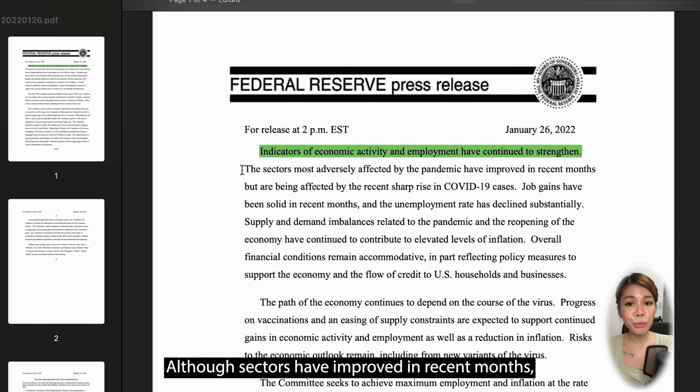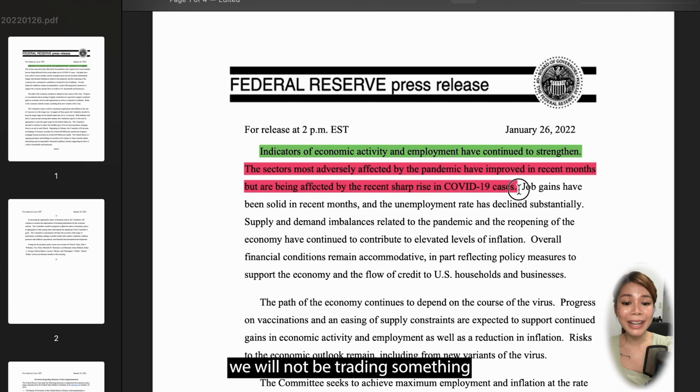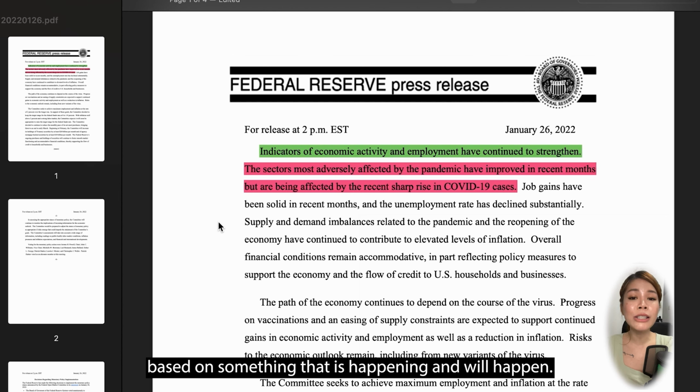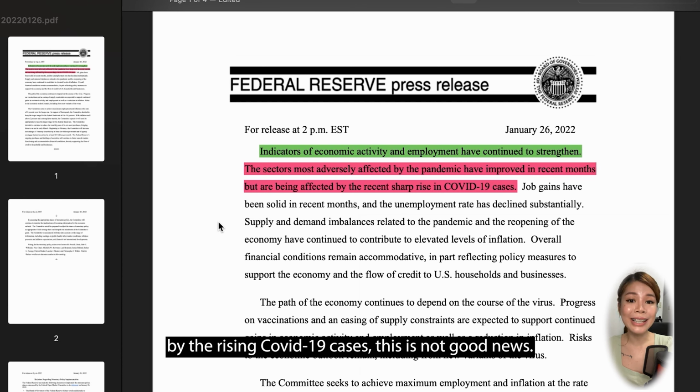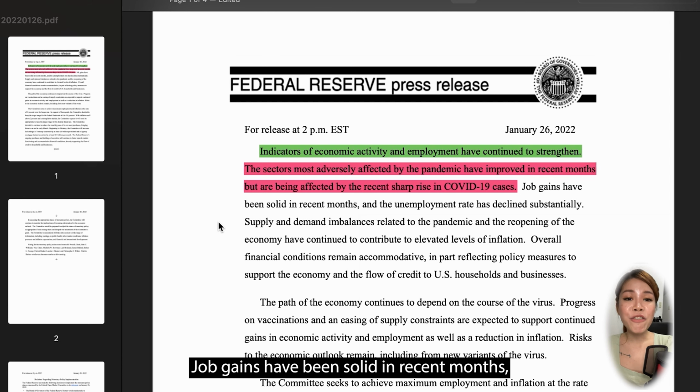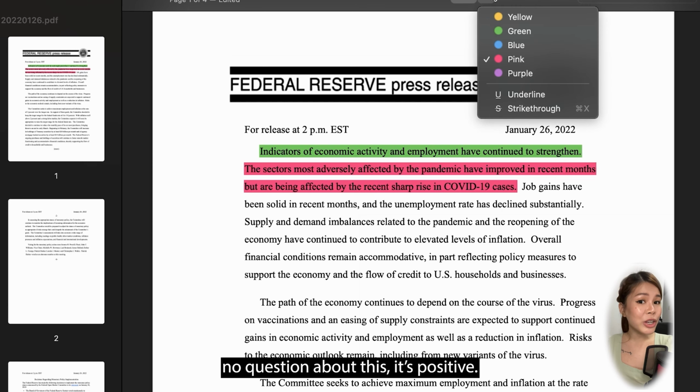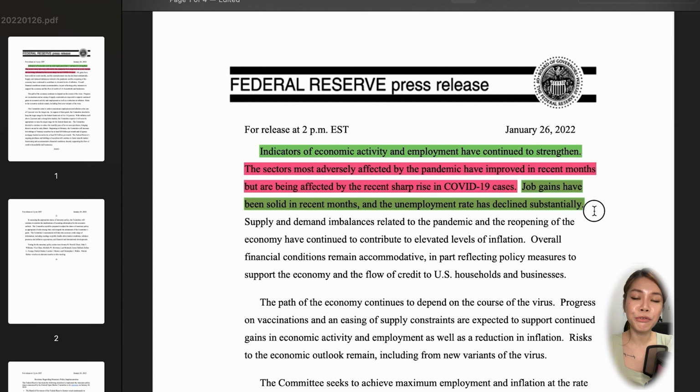Although sectors have improved in recent months, we will not be trading something that has happened in the past. We are making trade decisions based on something that is happening and will happen. Therefore, since sectors are being affected by the rising COVID-19 cases, this is not good news. Job gains have been solid in recent months, and the unemployment rate has declined substantially. No question about this, it's positive.